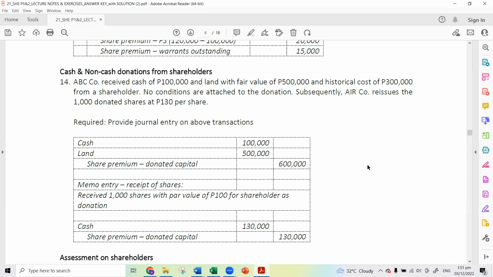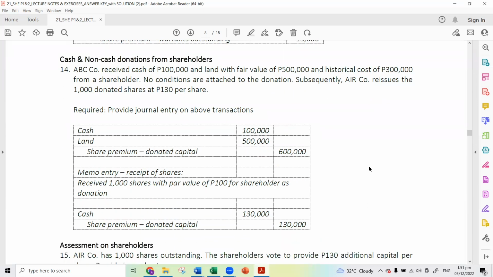Kapag class ang donation galing sa shareholder, ike-credit yan sa share premium. Kapag ang donation galing sa gobyerno, no? These are recognized as government grants. Oo.